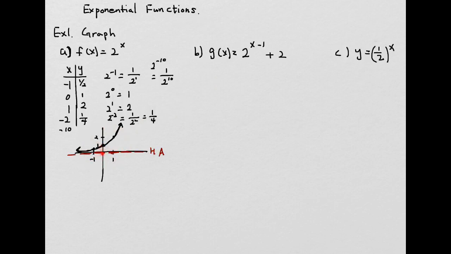So what do we know about this one? We know that it's passing 0 and 1. So if we use this point 0, 1, we'll be going up 2 and moving right 1. Let me draw that. Hold on, let me erase that with the black.